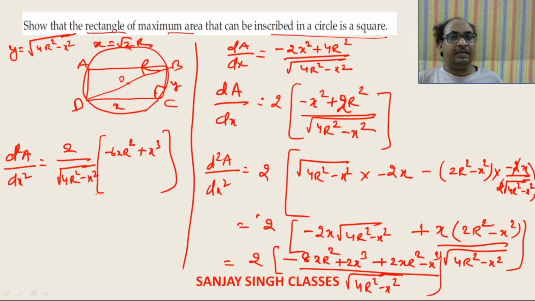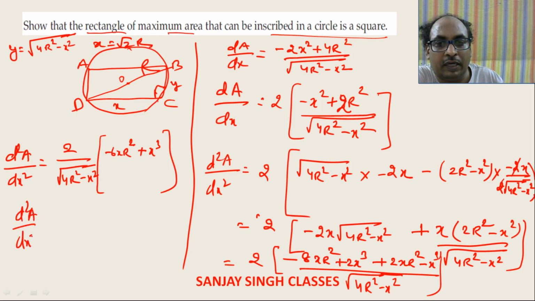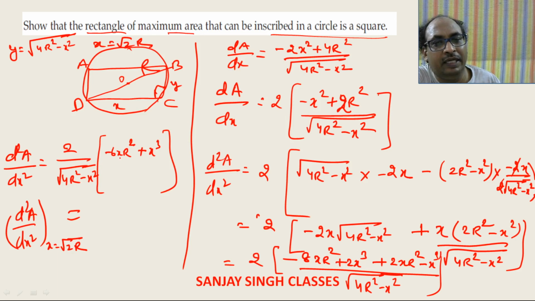So this is there. Now when we are going for putting x equal to root 2r in d square a by dx square, we need not solve completely. By putting it, we should see that our expression becomes negative.